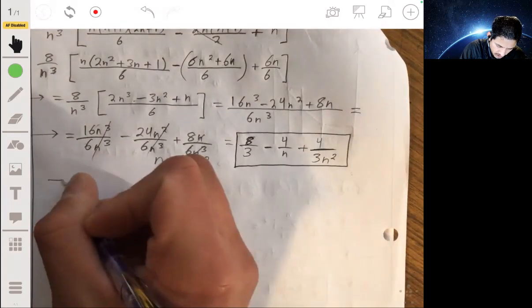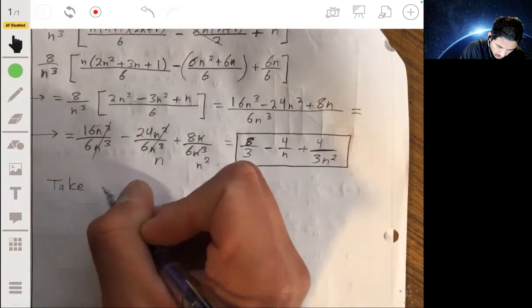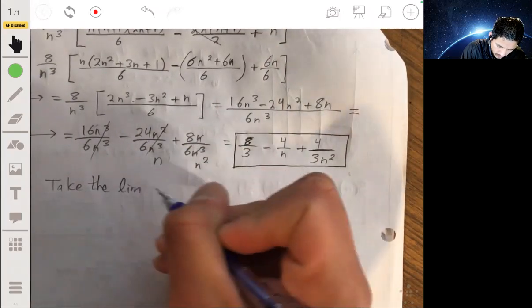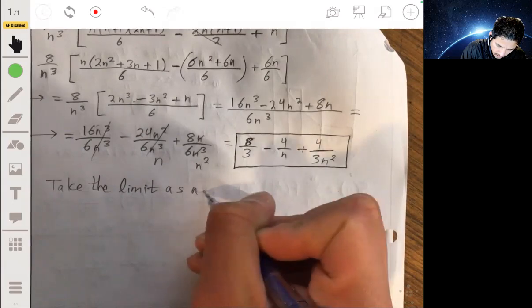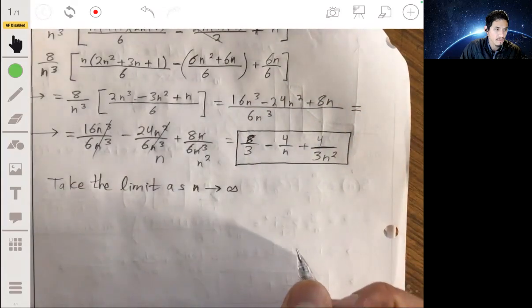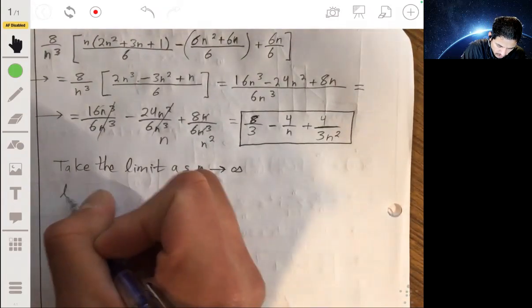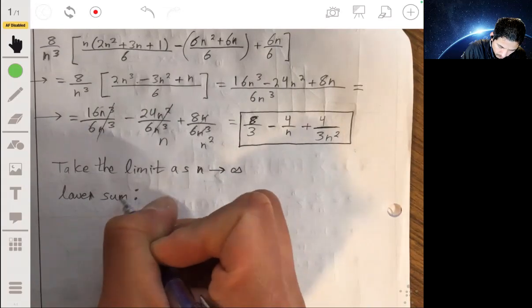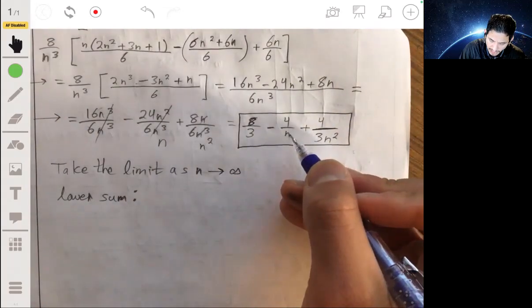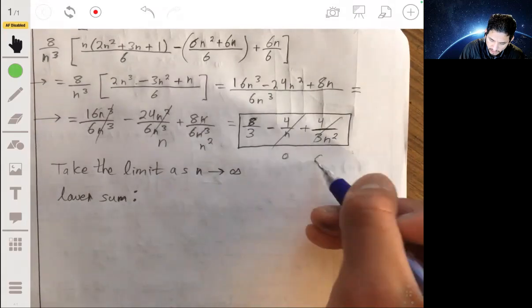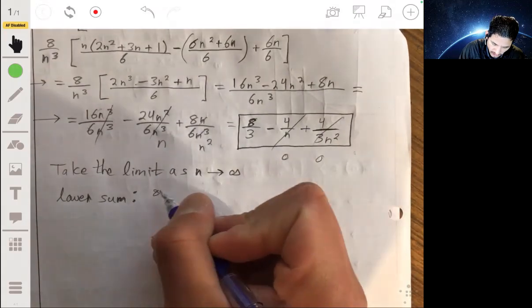If you take the limit as n goes to infinity of each of these sums, the limit of the lower sum, this goes to 0, this goes to 0, and it's essentially 8/3.